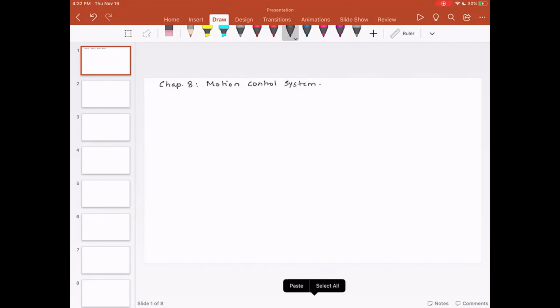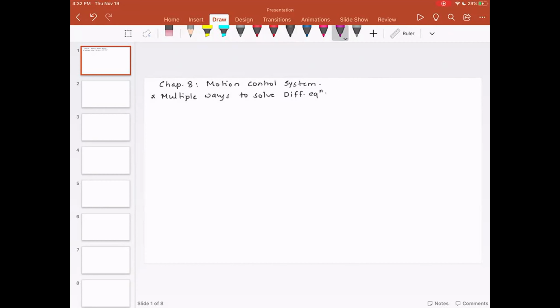Now, I just want to clarify that there are multiple ways to solve a differential equation. And in your differential equations class, you must have been introduced to different techniques on how to solve the differential equation.